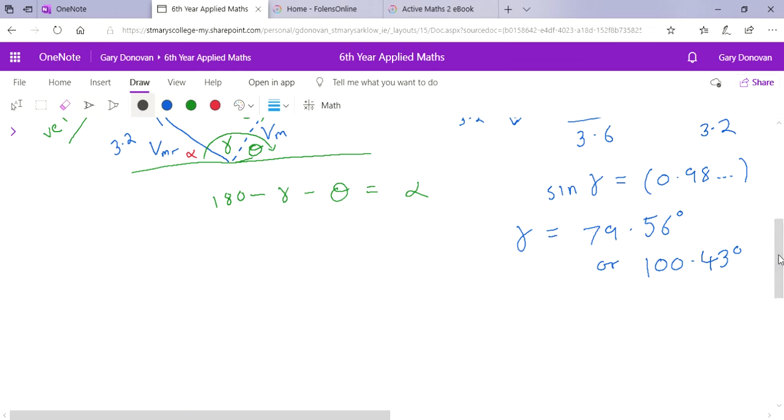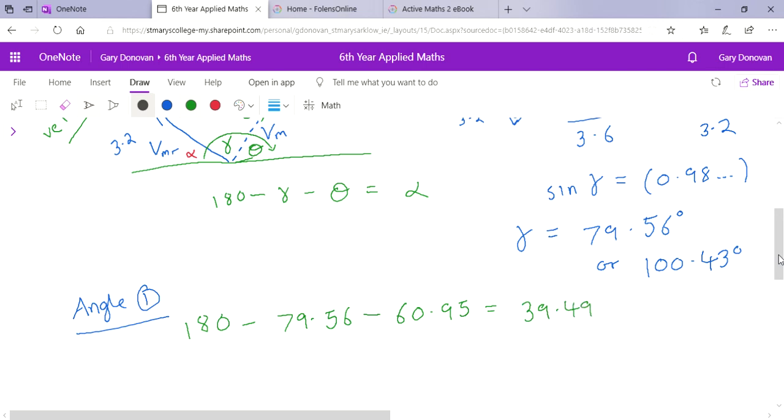So now we have two values of gamma. So we're going to use our two values of gamma and theta to find our two values of alpha. So angle 1 will be 180 minus 79.56 minus theta, which was 60.95, and that gives us 39.49 degrees.